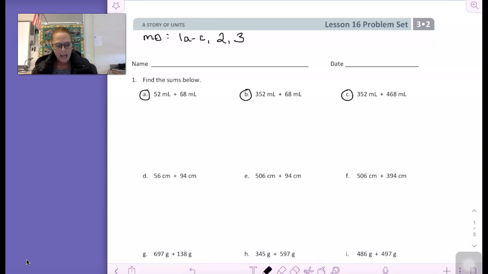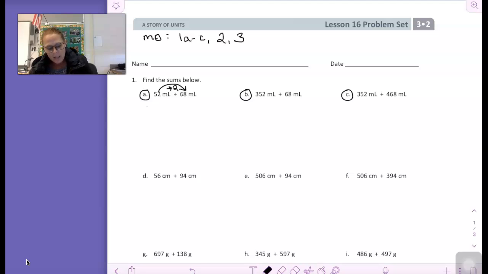So problem 1A, I see 52 milliliters plus 68 milliliters. 52 and 68 are both very close to the next 10 or the 10 before our counting. So what I'm going to do, I'm going to make 68 go up to the next 10 by adding that 2 to 68.